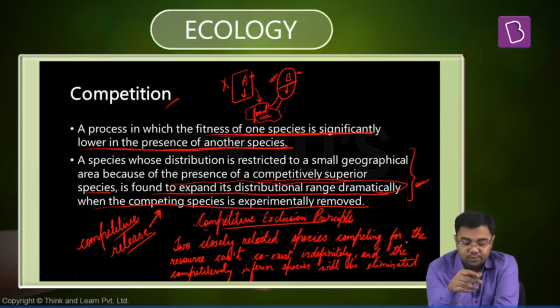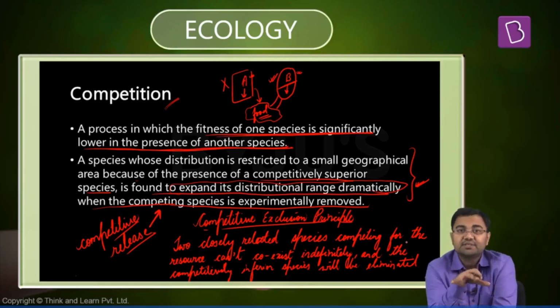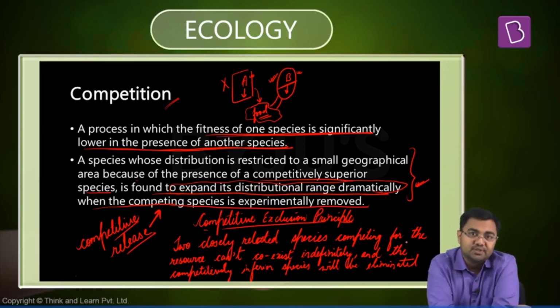Now even this may be true only if the resources are limited. And there are some recent studies which have shown that this kind of generalization is not very true about competition. So what they point towards is that species which are facing competition might evolve mechanisms which may promote coexistence rather than the exclusion of that species.